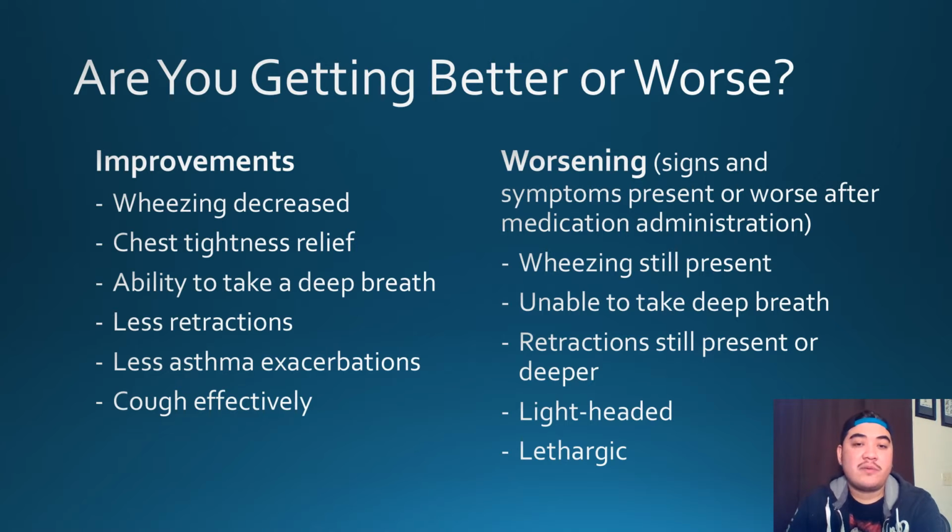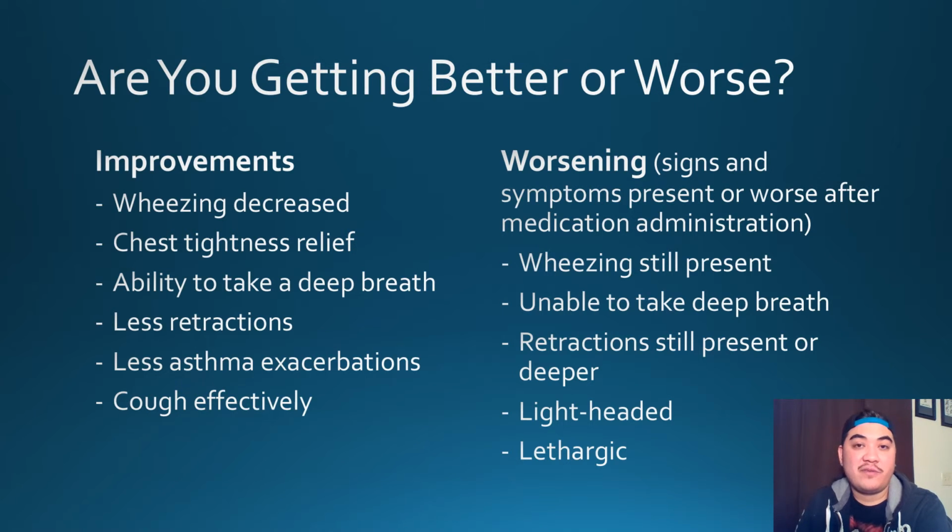And now we're going to determine if your symptoms are getting better or worse. Improvements to look for are that your wheezing has decreased, meaning the smooth muscle tissue in your lungs has relaxed and is not constricted anymore.